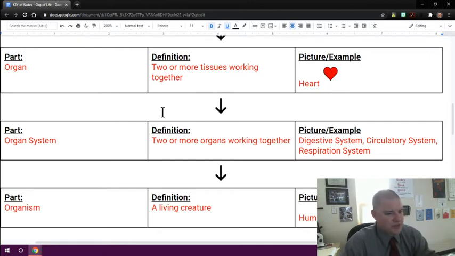Your circulatory system and respiratory system kind of work hand in hand with each other, making sure that your blood's flowing, so you've got your blood vessels along with your heart. The respiratory system's got your lungs and your trachea and your windpipe and all those kinds of things working together. So those are organ systems, two or more organs working together.